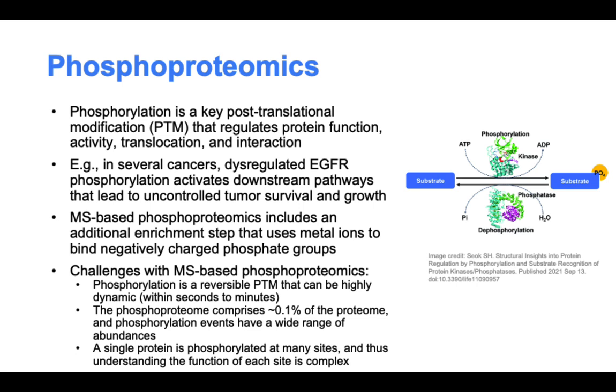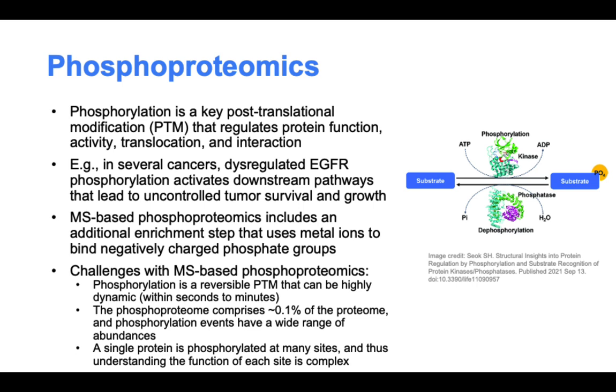Basically, we use metal ions that are strongly attracted to those negatively charged phosphate groups to fix them, and that helps filter out the rest of the non-phosphorylated proteins that we might not be as interested in.